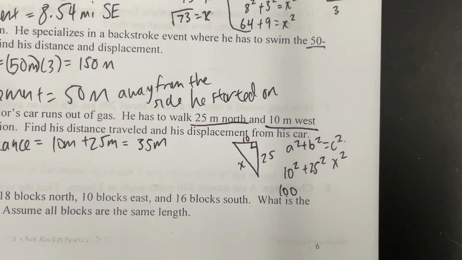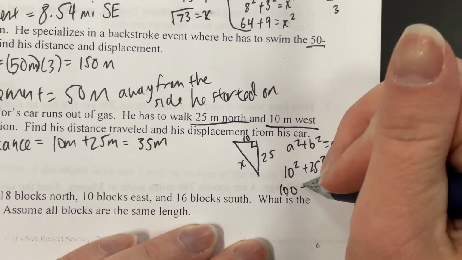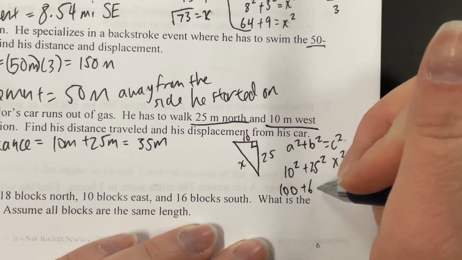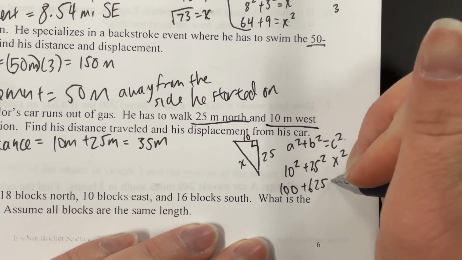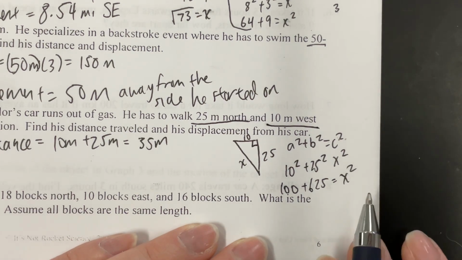No, I totally lied to you. 25 times 25, what is that gonna be? It's 625. I don't know why I was thinking 225. Okay, so cool. Equals x squared.